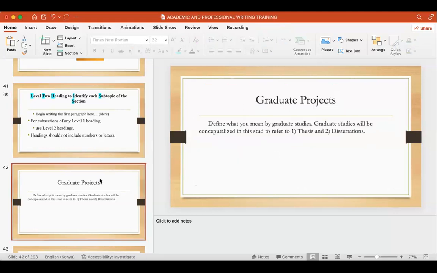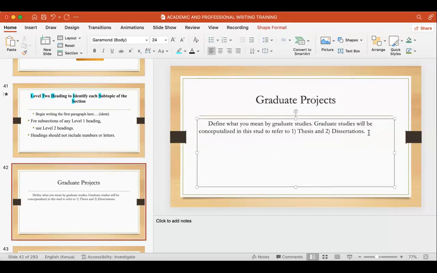So here we want to look at number 1, thesis project. And then you'll be looking at dissertation project. Thesis projects or project, just put it.